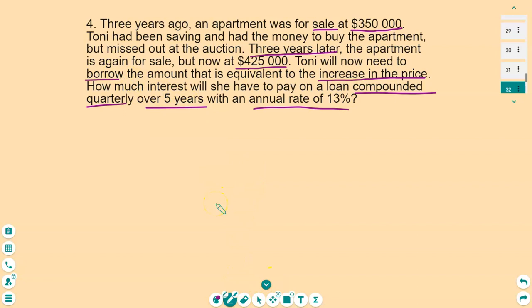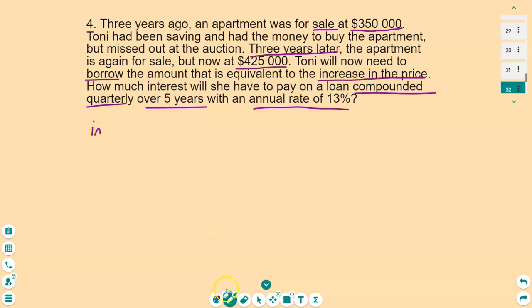Let's do this. The key bit here, you might need to read it a few times like I did, is the second half. Tony will now need to borrow the amount that is equivalent to the increase in price. That's what we are interested in.